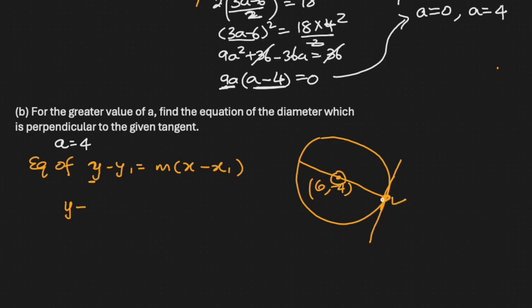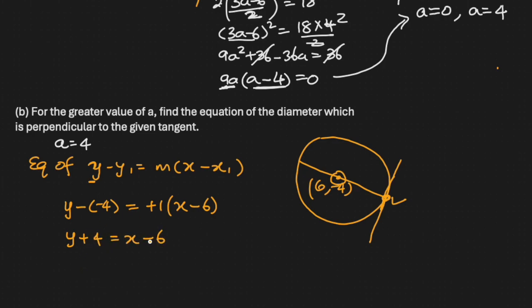We can take any one of them, but I'll take the one which is clearly known to us, 6 and minus 4. So this will be minus minus 4 here equal to m. We know the gradient was plus 1, right? X minus 6. So it is y plus 4 equal to x minus 6.